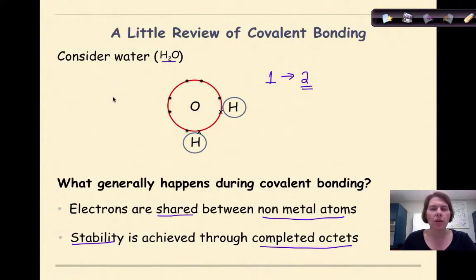The original electron configuration of an oxygen atom before bonding with the hydrogen atoms is 2, 6, with the 6 referring to oxygen's valence electrons. When it shares its valence electrons with the hydrogens, it now completes its octet and has an electron configuration of 2, 8. Which is much more stable as it mirrors the electron configuration of neon.